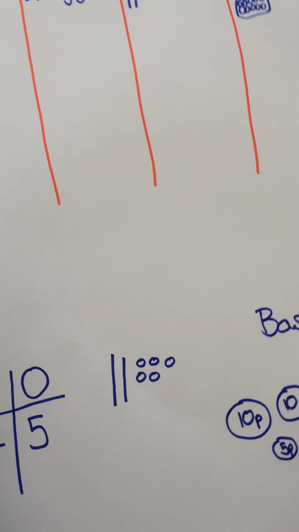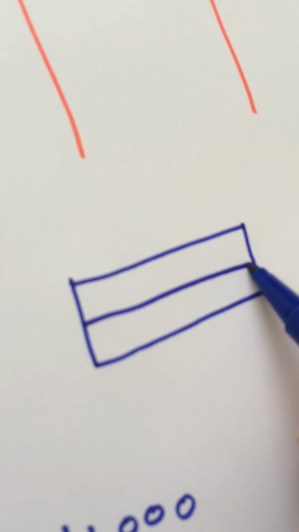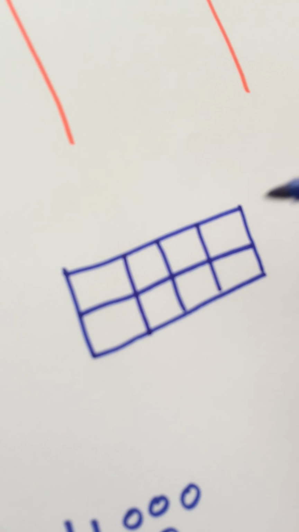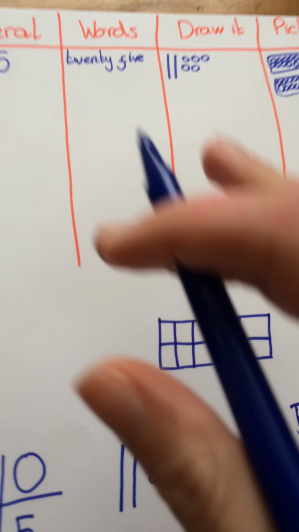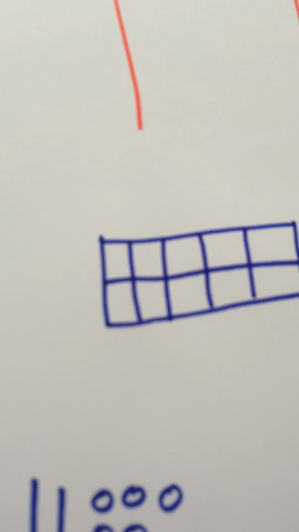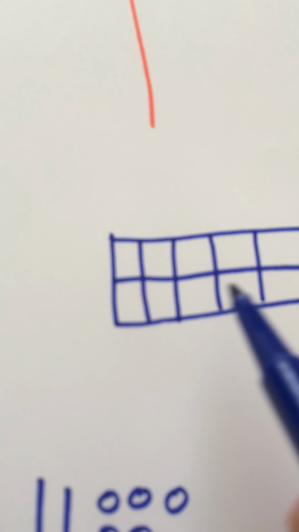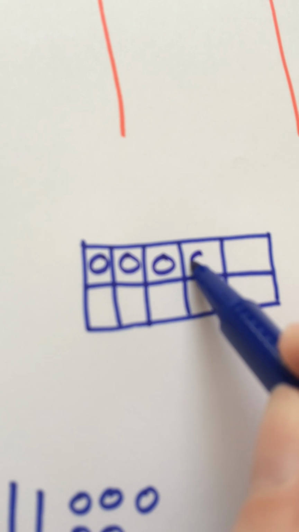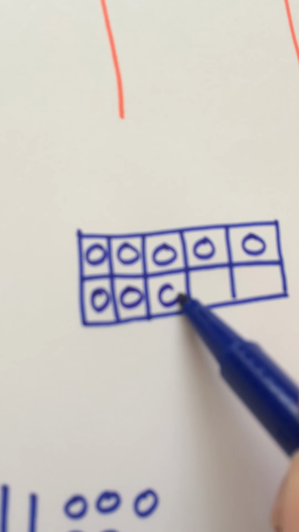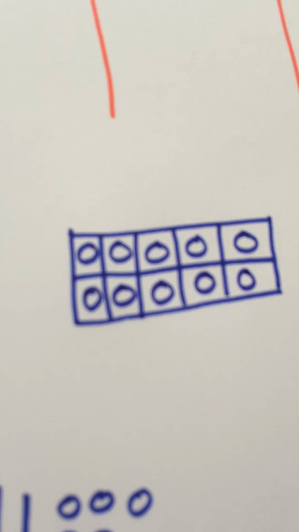You could try and draw a tens frame. So this is a tens frame. I'm just giving you lots of different ways that you can represent these numbers, to give you lots of different ideas and to help it stick in your brain. So this is a tens frame, and we can find out what a number is depending on what's shown on there. So for example, 1, 2, 3, 4, that's 5 on a tens frame. Quite simple. So that would be 9 and 10.